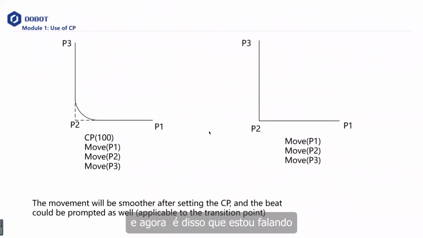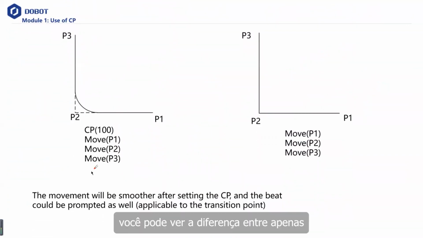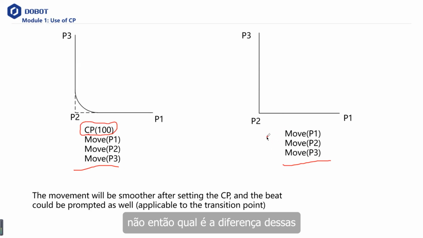And now this is what I'm talking about for the CP. You can see the difference between those two different scripts. The only difference is that the first one comes with a CP 100 and the second one doesn't. So what's the difference? Those pictures are the trajectory of the robot moving from P1 to P3. P1, P2, P3.